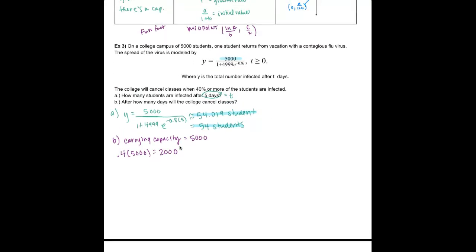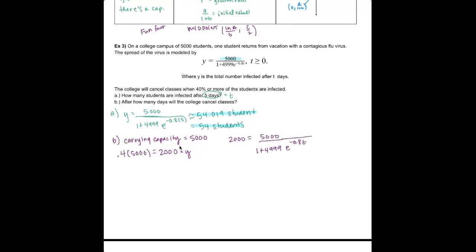So 40% of 5,000 would equal 2,000. So 2,000 is going to be our y value, and we're going to plug it in: 2,000 equals 5,000 over 1 plus 4,999 e to the negative 0.8t.